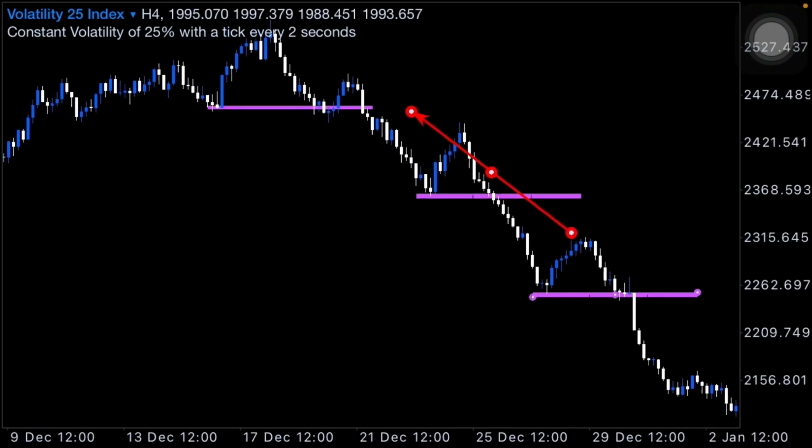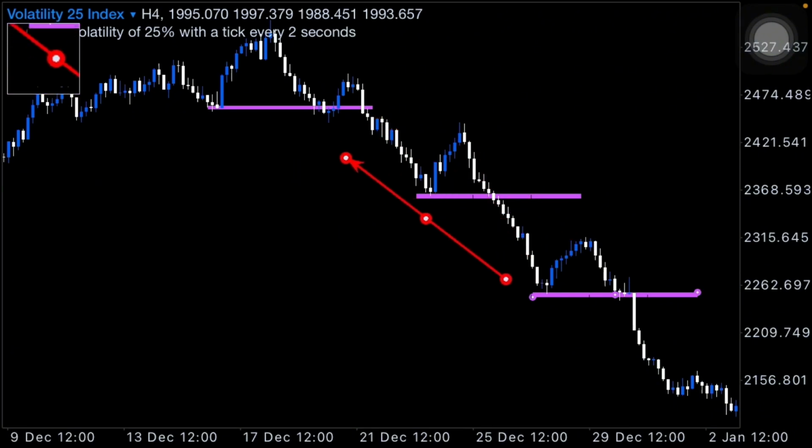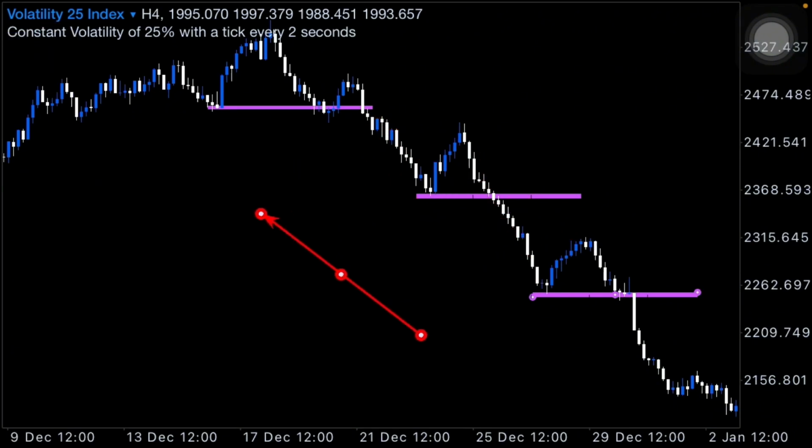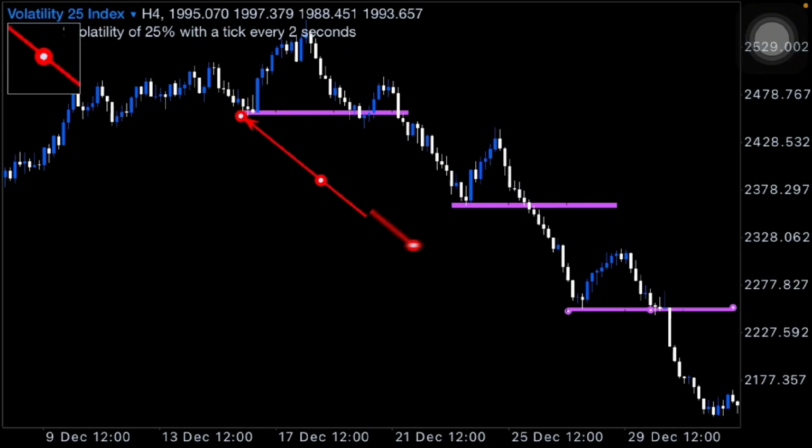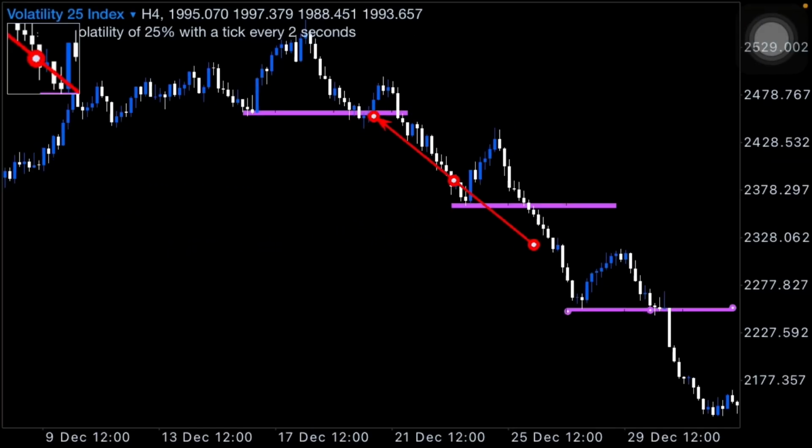But when we come to the concept of a change of character, a change of character is when the market completely transforms its direction to the opposite side. So for instance, here this market was moving in an uptrend, which is a bullish trend, but this low was the last higher low before the price broke it, forming a lower low.